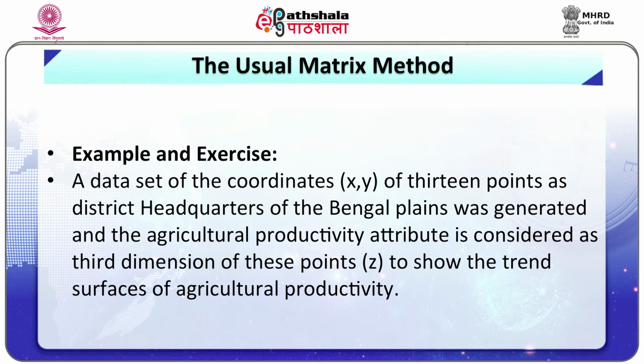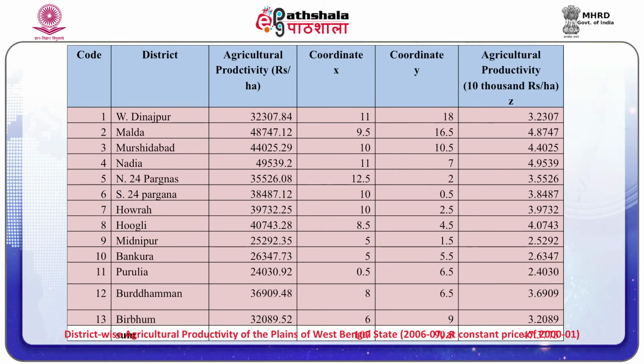The statistics of x, y and z variables are given in table 2. So, table 2 gives you district wise agricultural productivity of the plains of West Bengal state 2006 to 2007 at constant price of 2001.